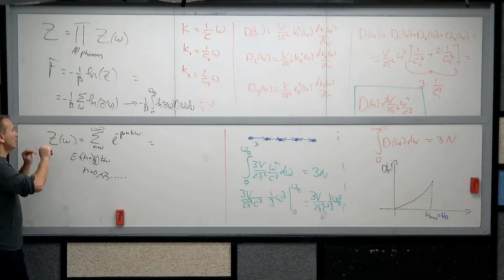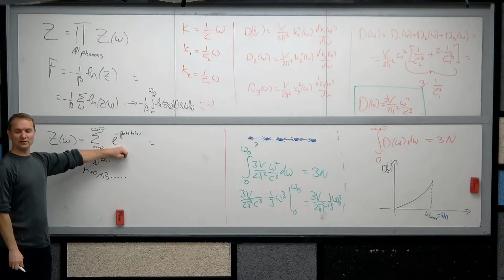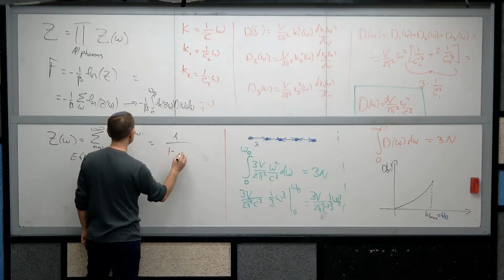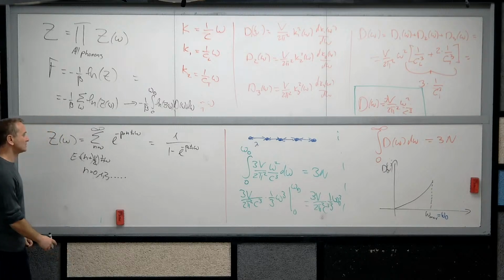But okay. Let us get back to this guy. Here it's a sum, and it's a geometric sum. So we know that this is 1 over 1 minus e to the power minus beta h bar omega.